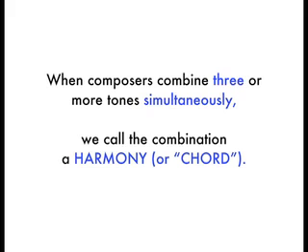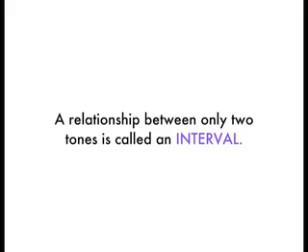When composers combine 3 or more tones simultaneously, we call the combination a harmony or chord. A relationship between only 2 tones is called an interval.